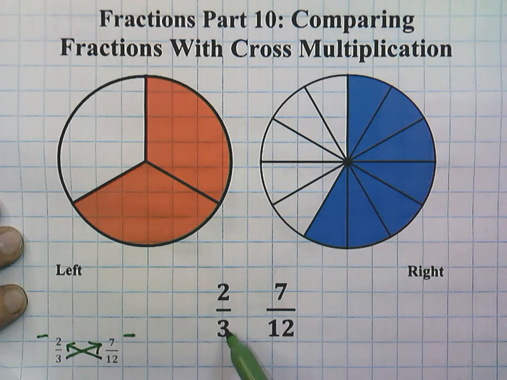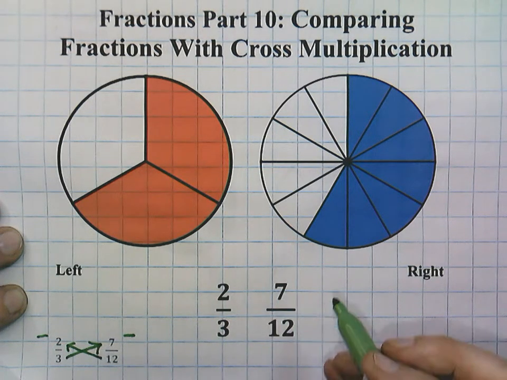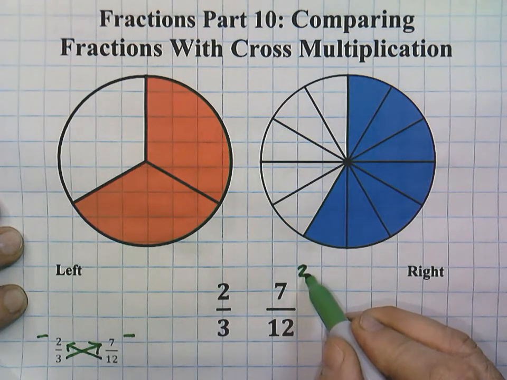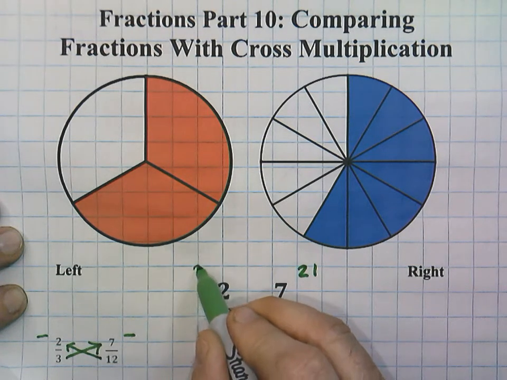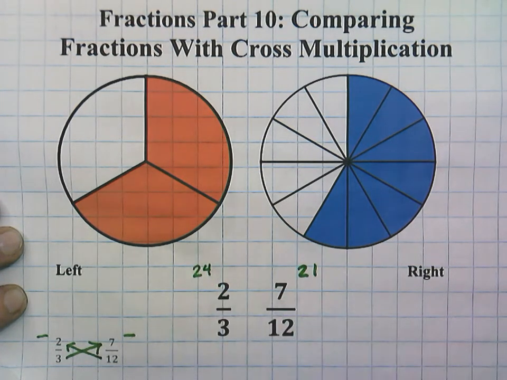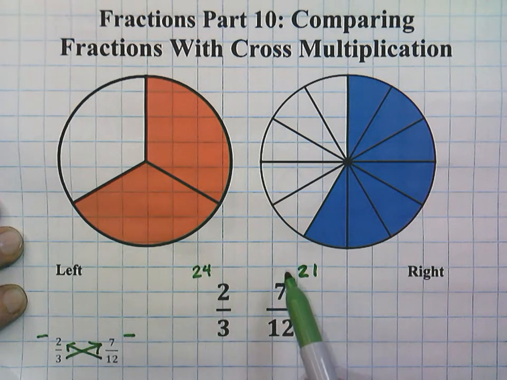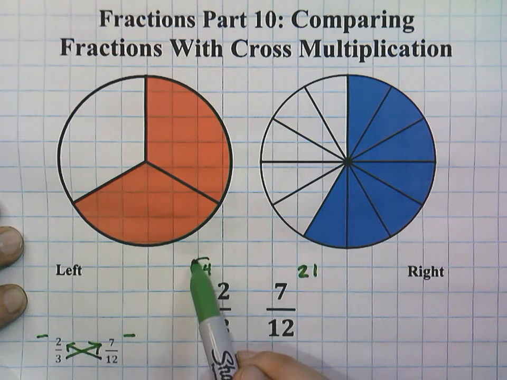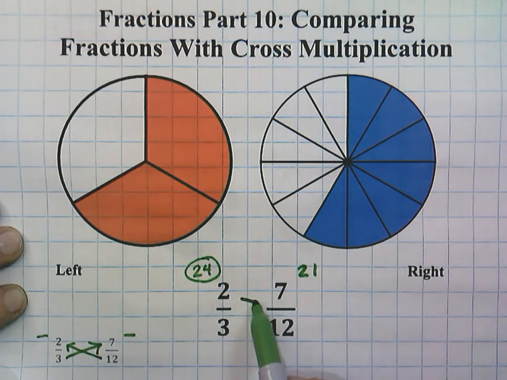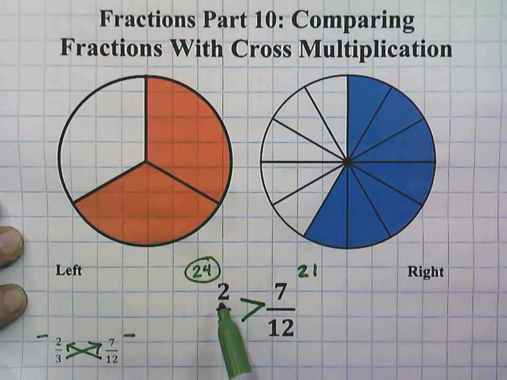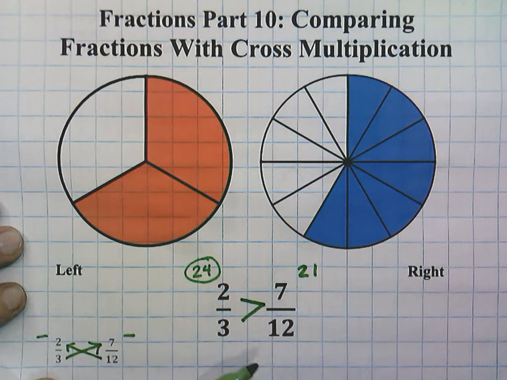So let's try it. 3 times 7 is 21. 12 times 2 is 24. And when we compare 24 and 21, I see that 24 is greater, and I'm going to put my greater than. So this would read 2/3 is greater than 7/12.